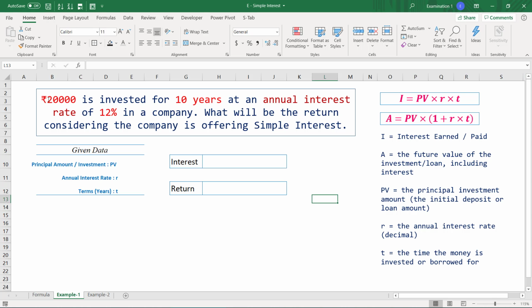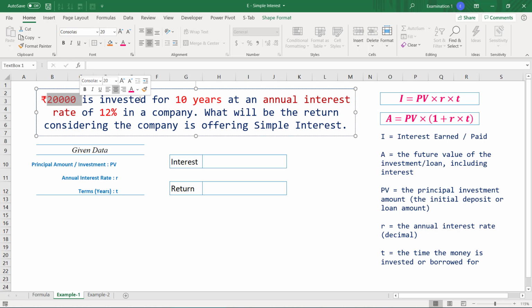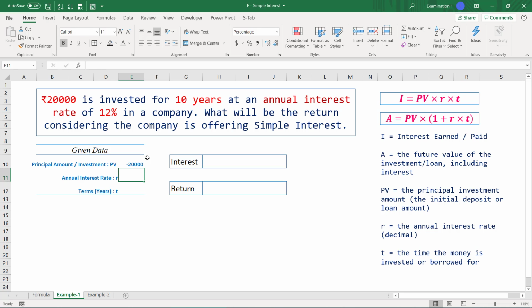Now let us say I'm going to invest 20,000 rupees for 10 years at an annual interest rate of 12% in a company. Now, what will be the return considering the company is offering simple interest? So in my case, the present value that I'm going to invest is 20,000, and since I'm going to invest this, it is a negative amount for me because this is going to be deducted from my account as of now.